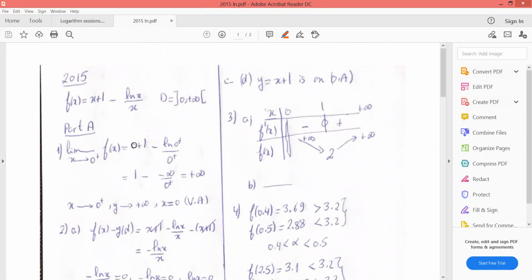It becomes 0 plus 1 minus ln 0 plus over 0 plus. How much is ln 0 plus? Minus infinity. So minus here, minus infinity. So minus times minus, we get plus infinity.